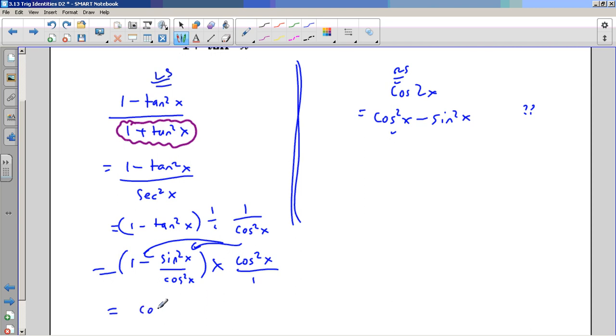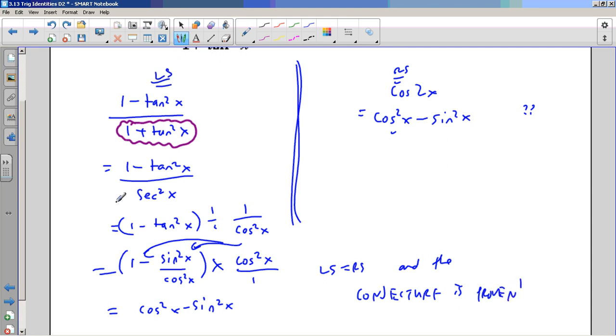I got cos squared x, and then the cos squared will cancel that cos squared x. Now I'm left with a minus right there in between, minus sine squared x, and the left side equals the right side. And the conjecture, the identity guess, is proven.